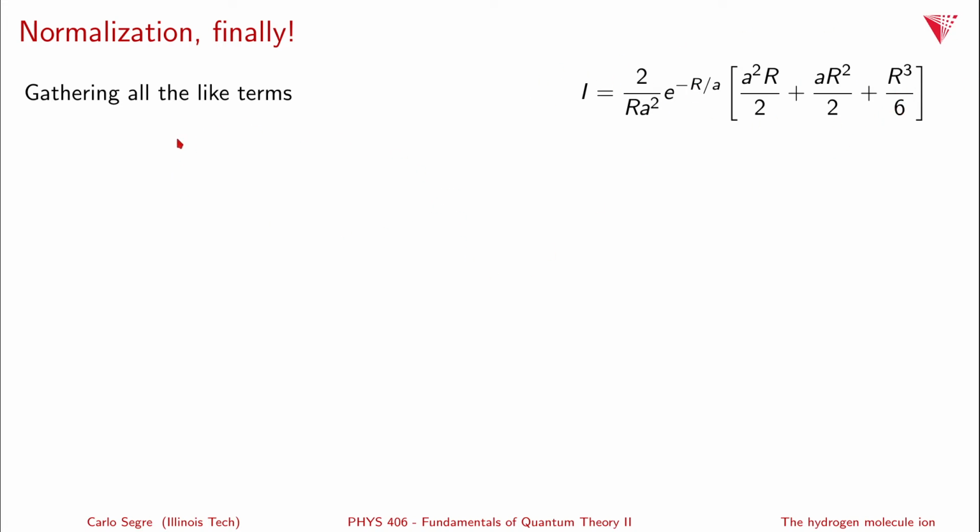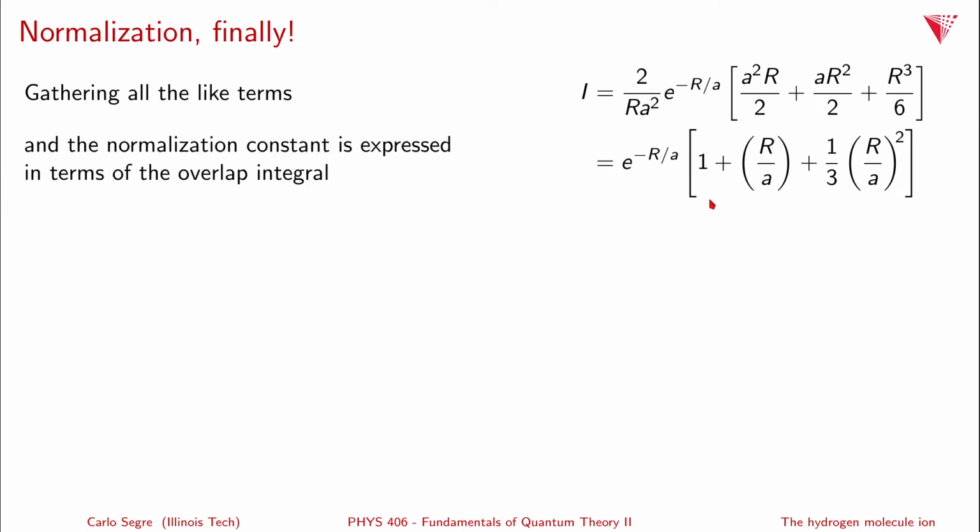We now have to put this back into the normalization equation. We can simplify it just a little bit more by pulling these terms into the brackets. We get e to the minus capital R over a times 1 plus capital R over a plus 1/3 of capital R over a squared. So a rather simple solution at the end.